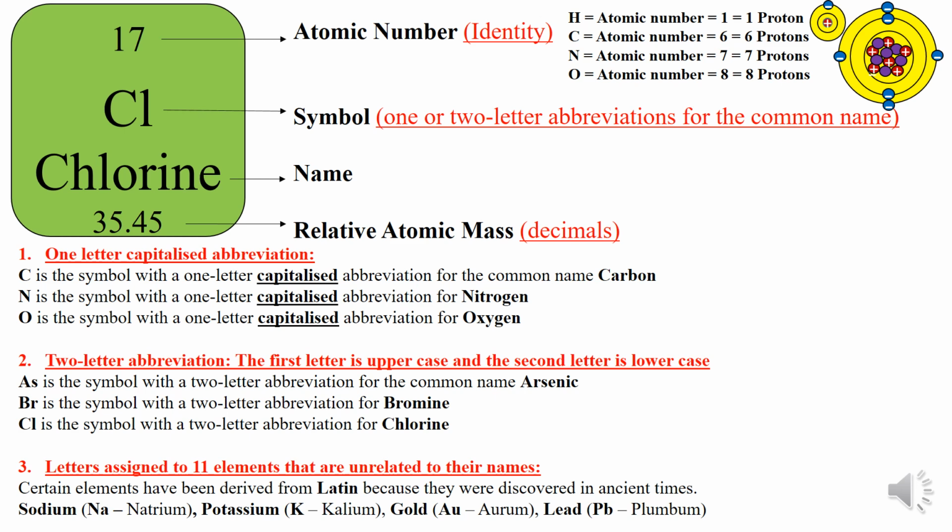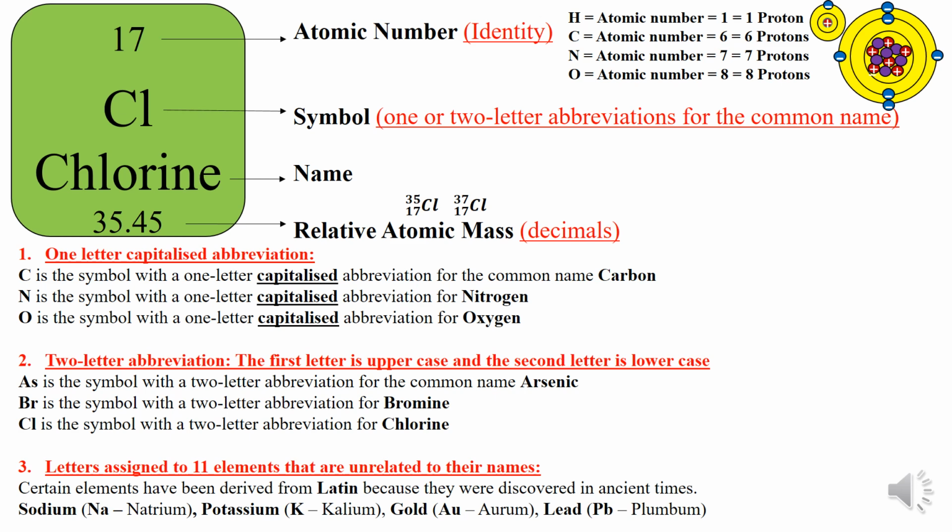Now, the relative atomic mass of chlorine will be the weighted average of its naturally occurring isotopes, that is chlorine 35 and chlorine 37. So when you take a weighted average of these two isotopes of chlorine, that is 35 and 37, you'll end up with the value of 35.45 in decimals.